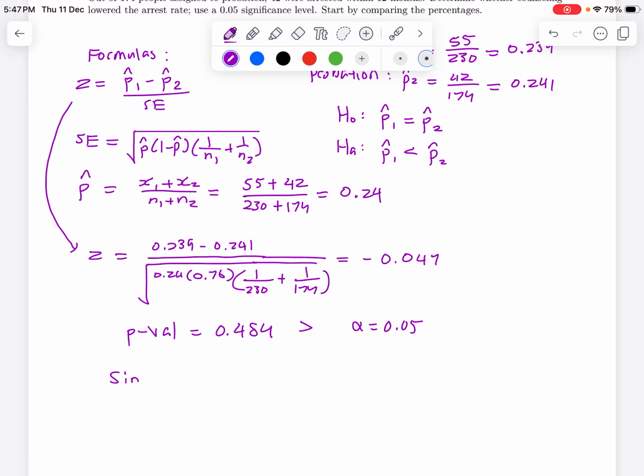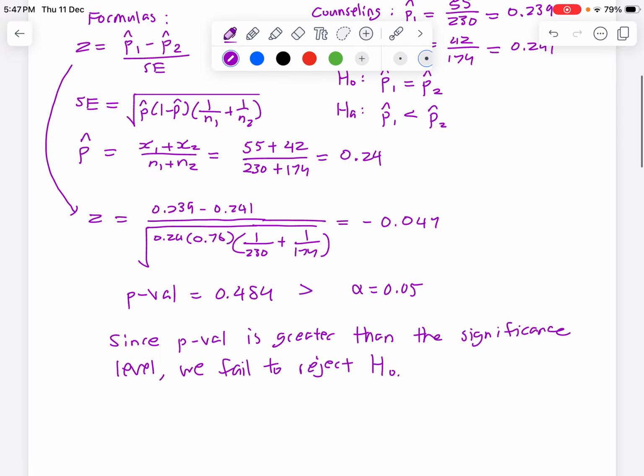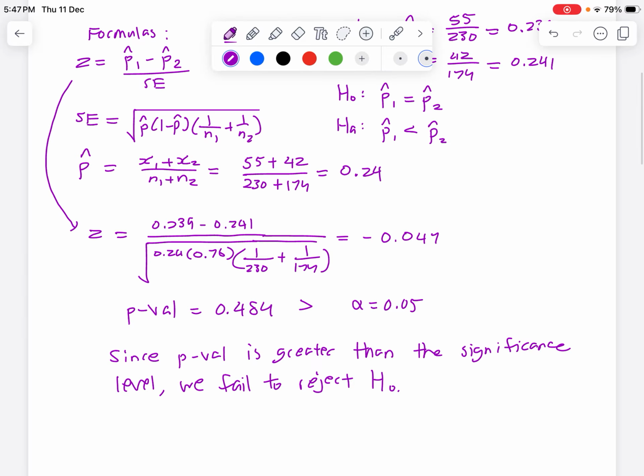To write it in a clear sentence: since the p-value is greater than the significance level, we fail to reject the null hypothesis.